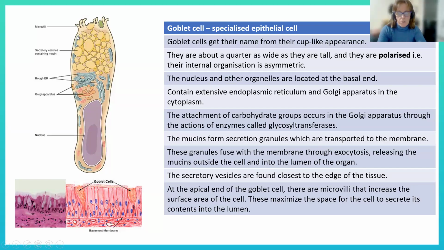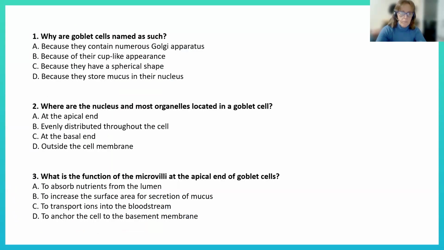And they increase the surface area, because if that little finger wasn't there, you'd just have a tiny bit of surface area. But by having this big finger-like projection, you're increasing that surface area maybe 8 times just from that one microvilli structure. It's basically a way to maximize the space available for secretion of the contents into the lumen.